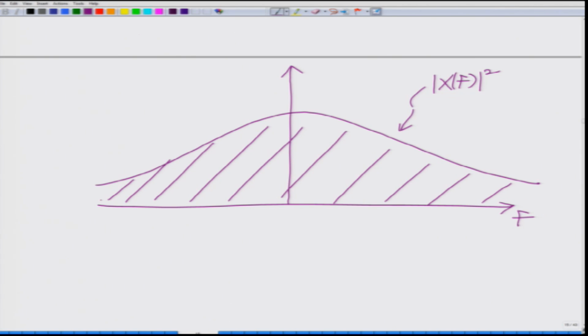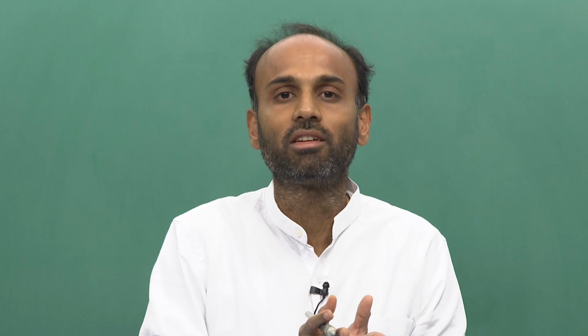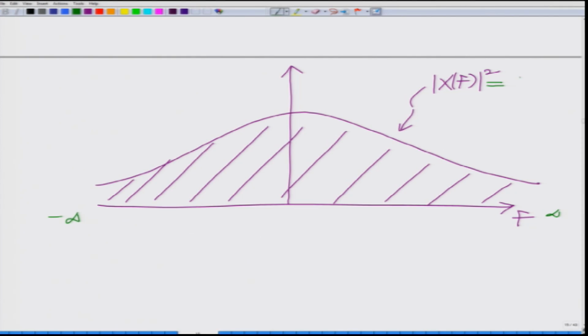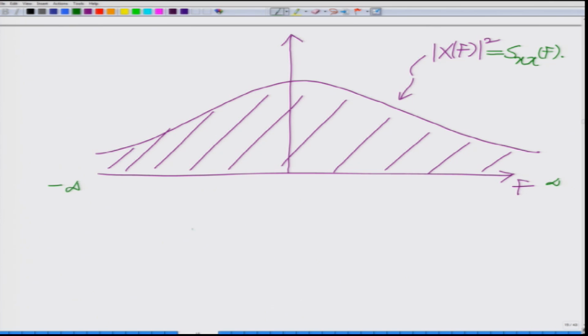If you integrate this from minus infinity to infinity, we get the total energy. So, the area under magnitude X(f) squared, which is Sxx(f), from minus infinity to infinity gives us the total energy.